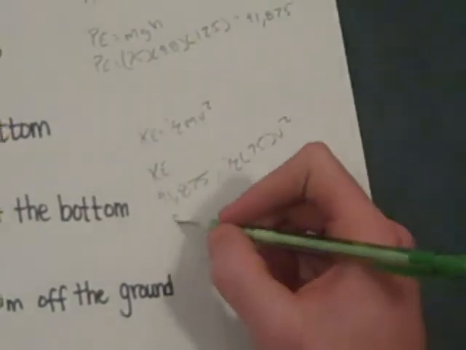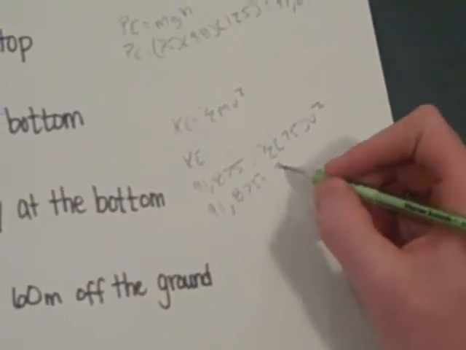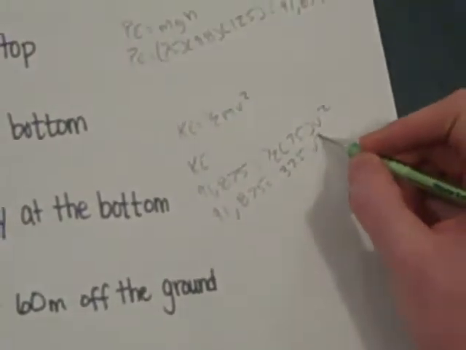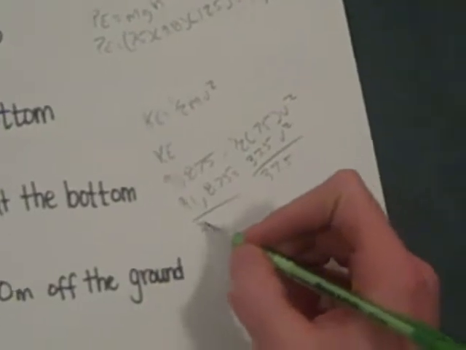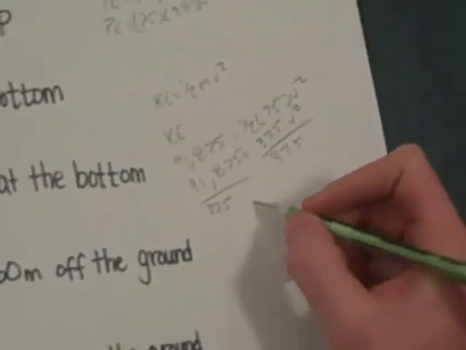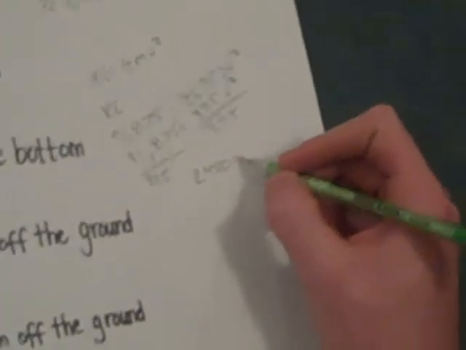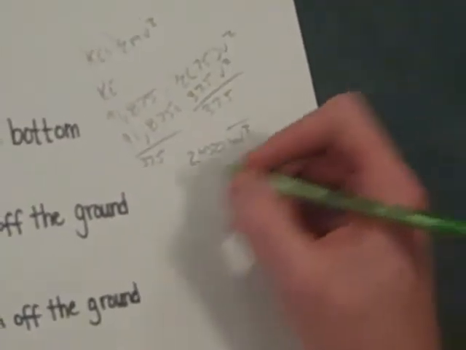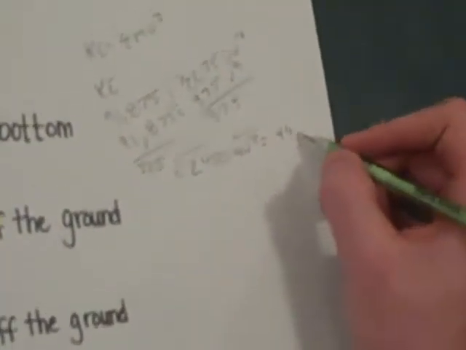Then we know that 91,875 equals 37.5 velocity squared. Divide both sides by 37.5. Then we get 2,450 equals velocity squared. Take the square root of both. For that answer, we get 49.5.